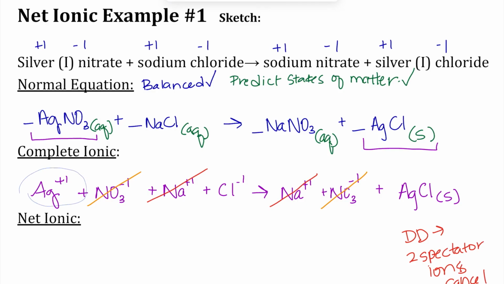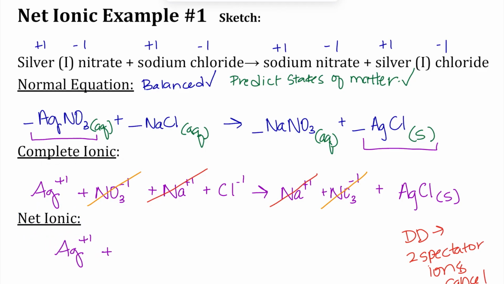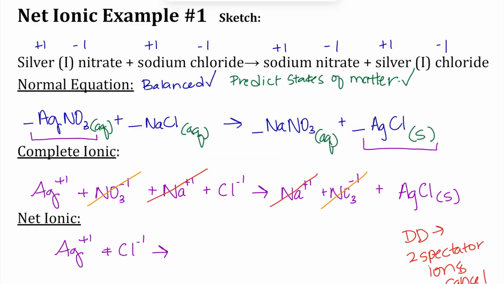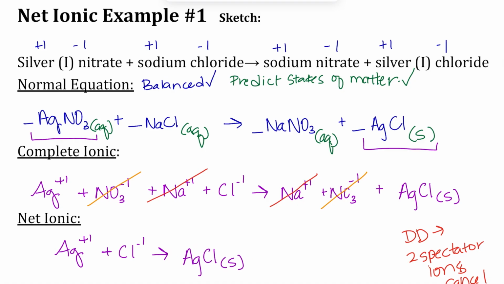And so we're going to then copy that down and say, okay, I have a silver ion with a +1 charge. I have a chlorine ion with a -1 charge. And it's those 2 ions then that are reacting to form my silver chloride solid.